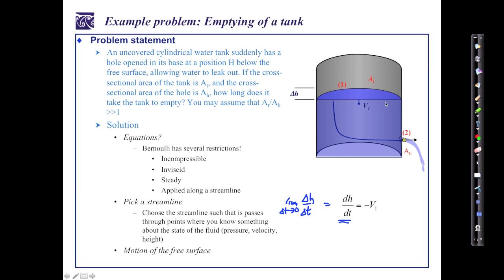And in fact, it's the negative of it because that velocity magnitude corresponds to a decreasing height. Remember, this coordinate direction measuring up from the exit point as our reference is h, so it will be getting smaller as the tank drains.